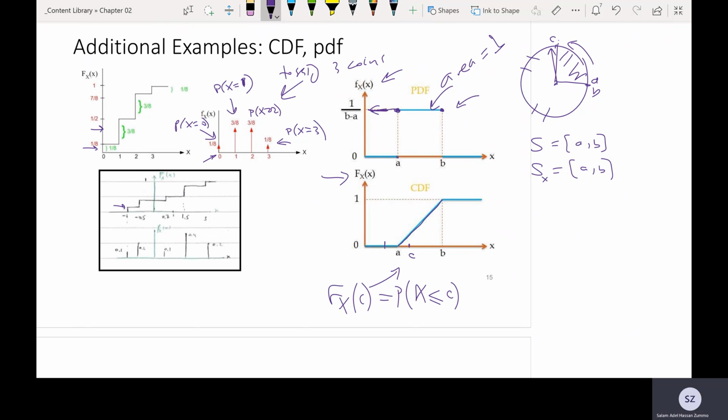When I reach B, what is the CDF at B? 1, because the probability that x is less than or equal to B is 1, because I know that x has to take values less than or equal to B. So we reach 1, and then we continue to be 1. Okay? And before that, it is 0.